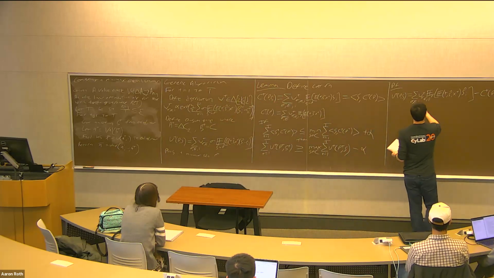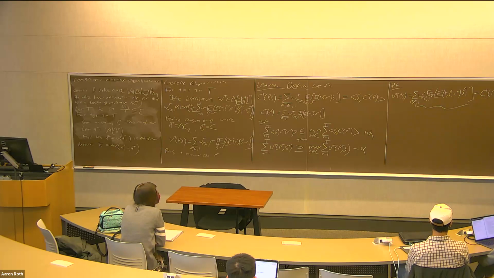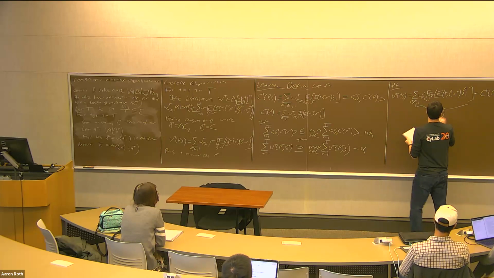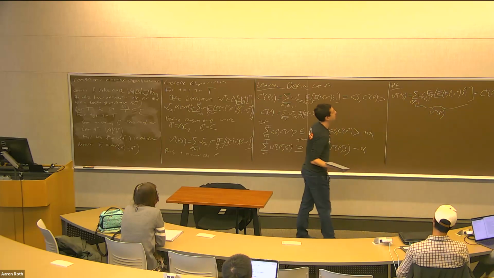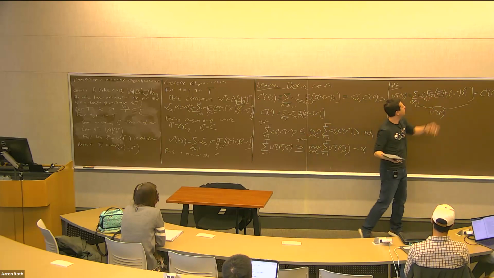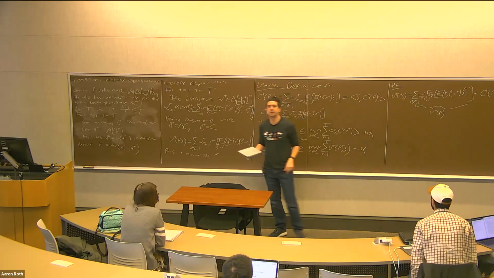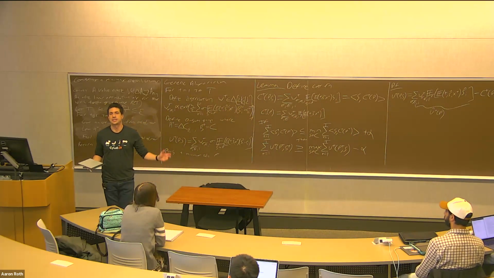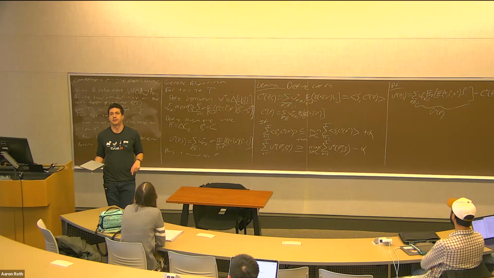And I want to observe that this thing, which I will write as U hat T of P, has a salient property: it does not depend on the actual outcome S at all. It does not depend on the action of the adversary.